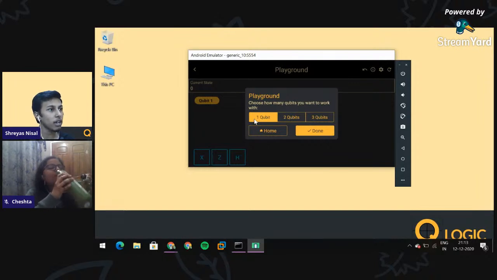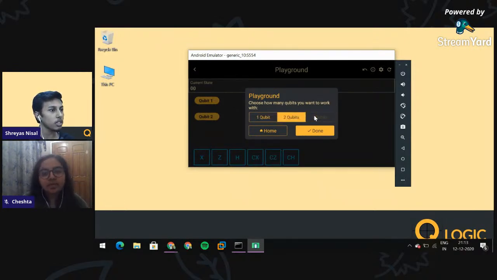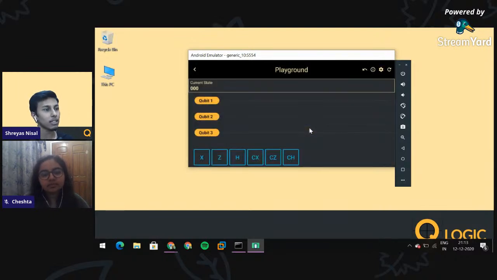When I have 1 qubit selected, it's only going to give me the 1 qubit gates as options. If I switch to 2 or 3 qubits, it'll give me the multi-qubit gates as options as well. So let me select 3 qubits. Now I can apply these gates as I want. I can just try out the gates and see what they do.